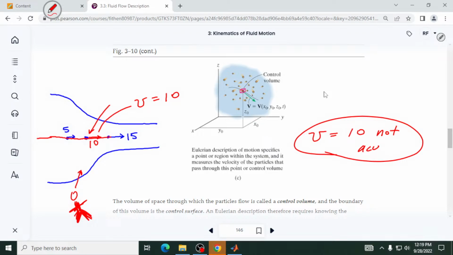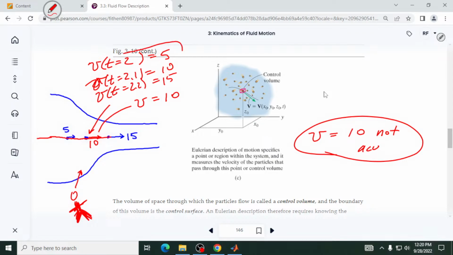So it's accelerating. Velocity at time t equal to 2 seconds was 5. Velocity at t equal to 2.1 seconds is 10. And velocity at t equal to 2.2 seconds is 15. So the person who's tracking it is living in the Lagrangian world.